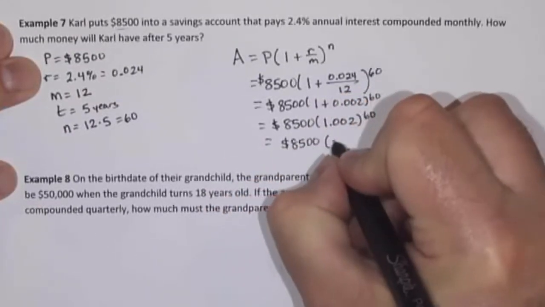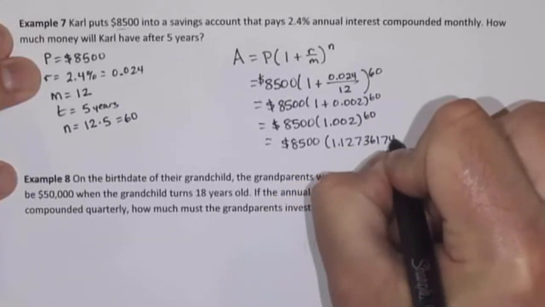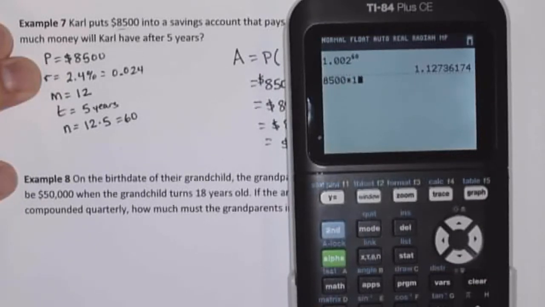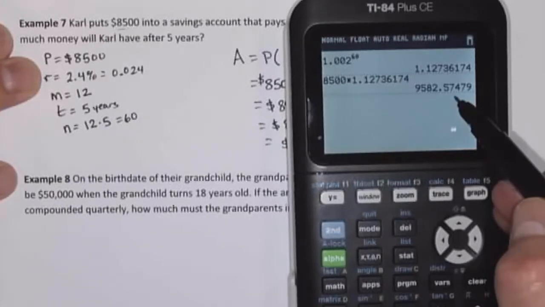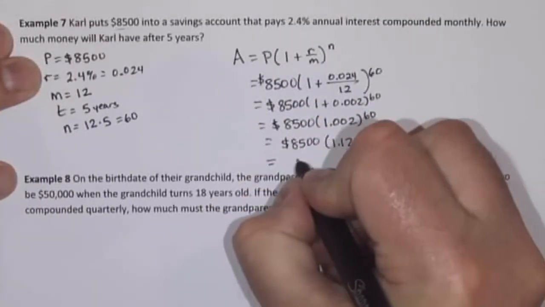So I have $8,500 times 1.12736174. And so if I take $8,500 times 1.12736174, that is $9,582.57 if I round to the nearest cent.